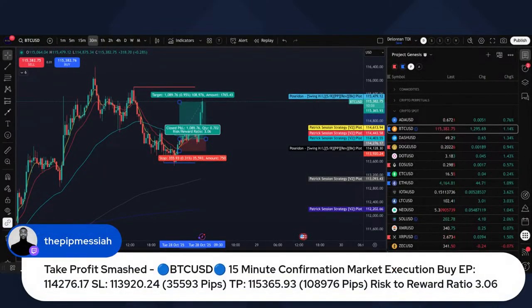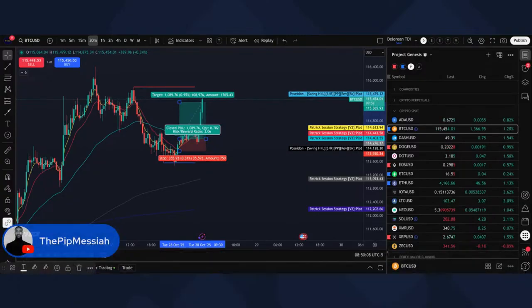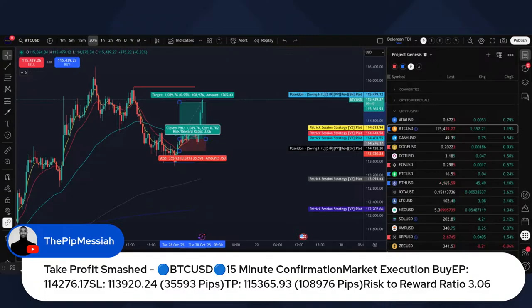Here's your take profit. Bitcoin versus the United States dollar, 15-minute confirmation. Market execution buy for 108,976 pips. Again, congratulations for those of you that took the trade.